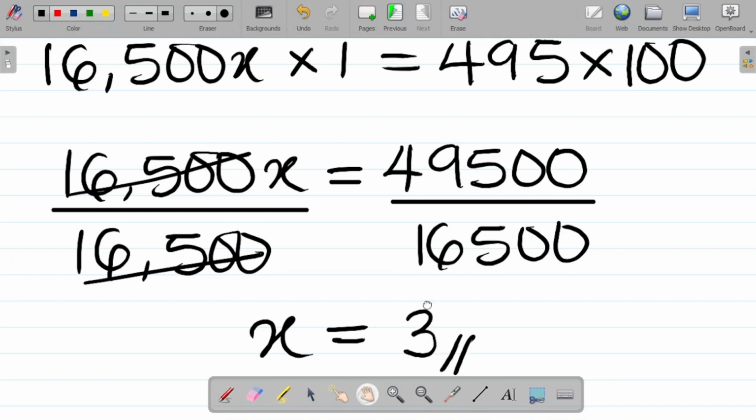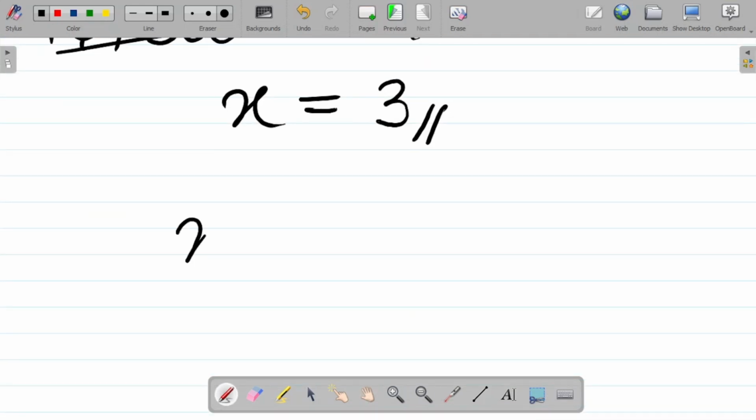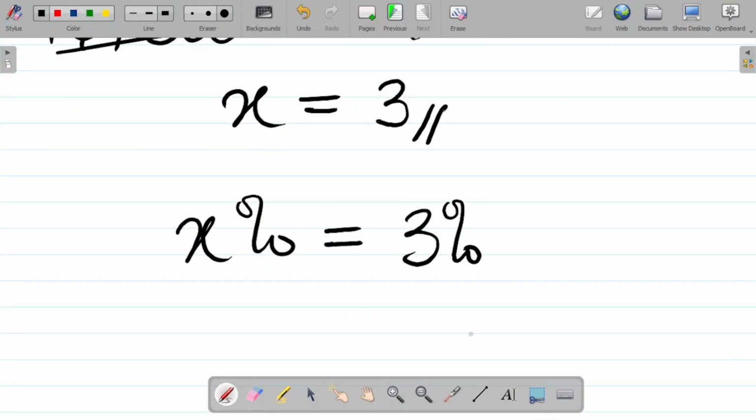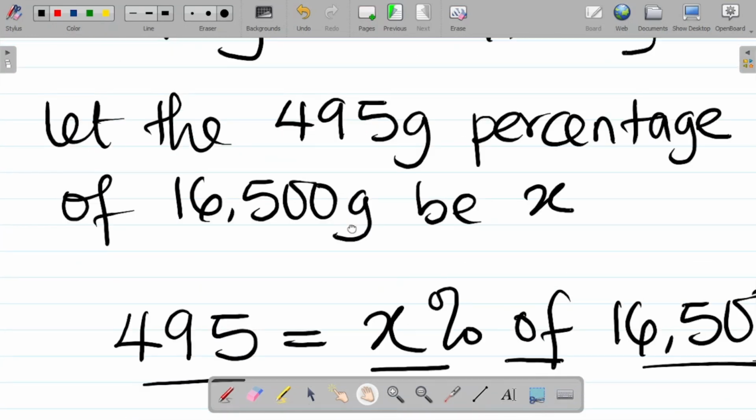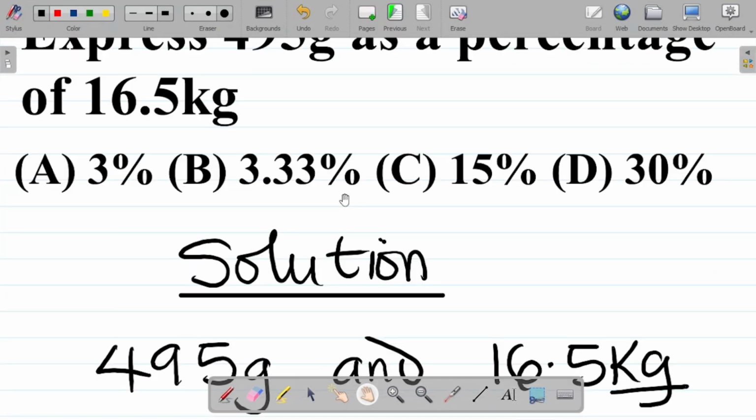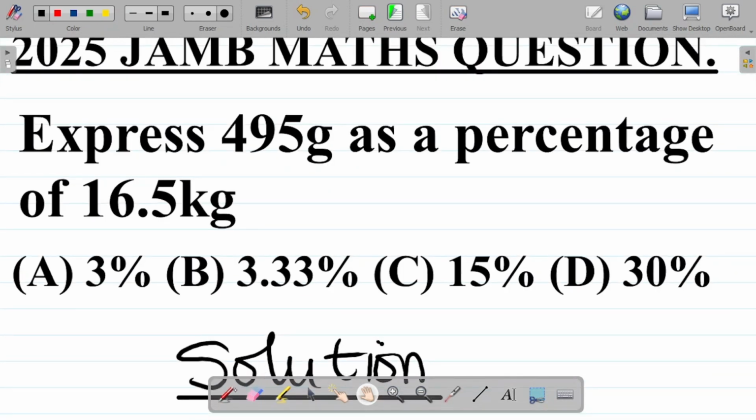So x percent would be equal to 3%, since x is equal to 3. That's how we solve this. Let's check the options. Option A matches the answer, which is 3%. So basically, this is how we solve this particular question.